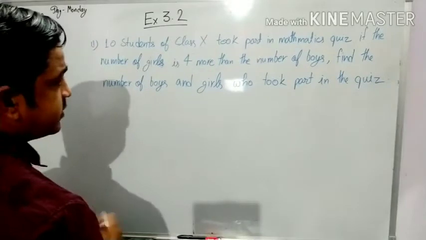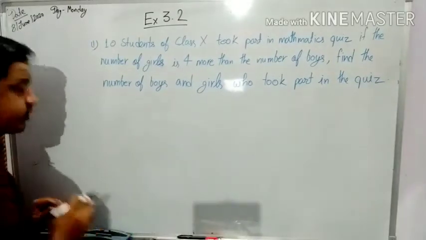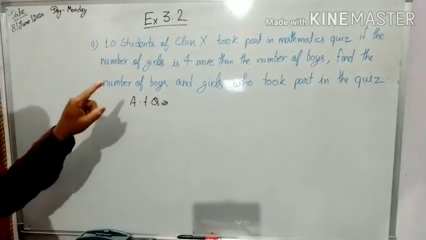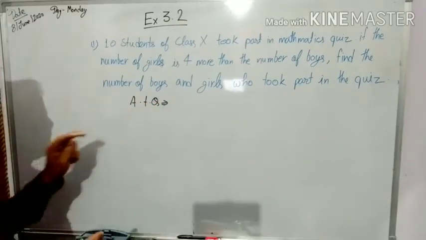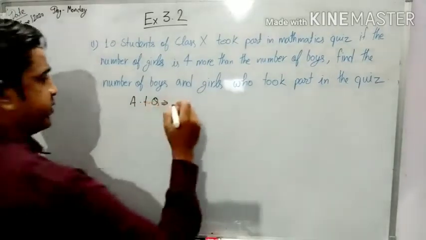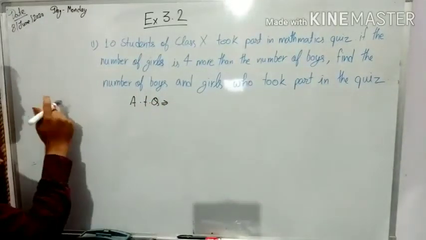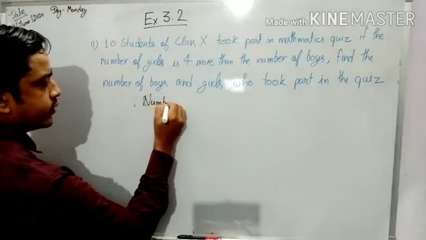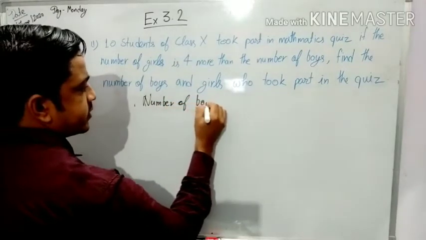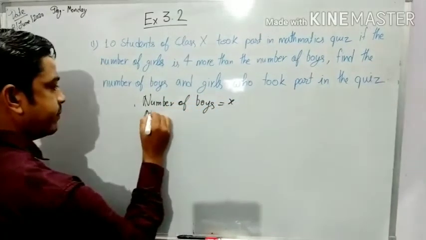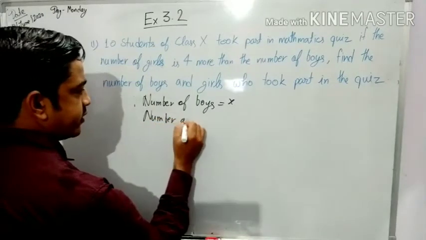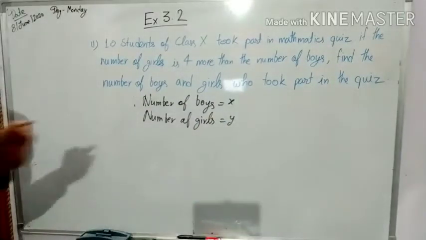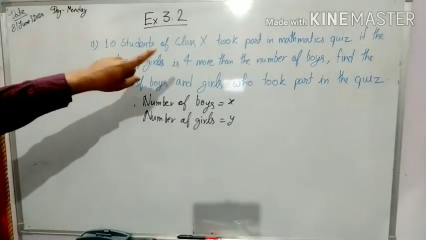So if we put it according to the question, first of all we consider the number of boys and number of girls. Number of boys is equal to X and the number of girls is equal to Y. 10 students of class 10 took part in the mathematics quiz.